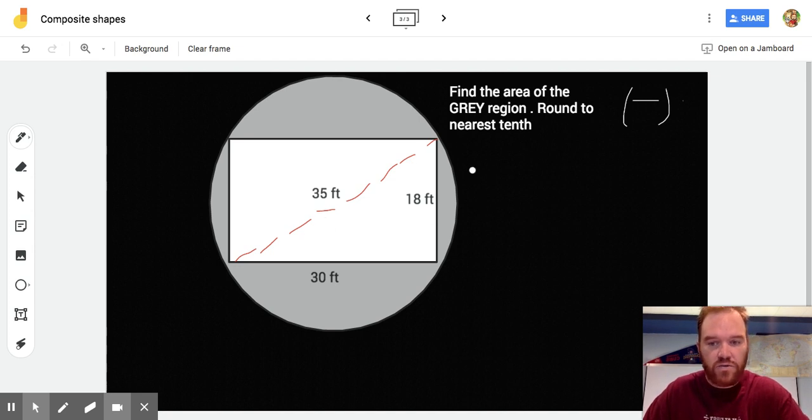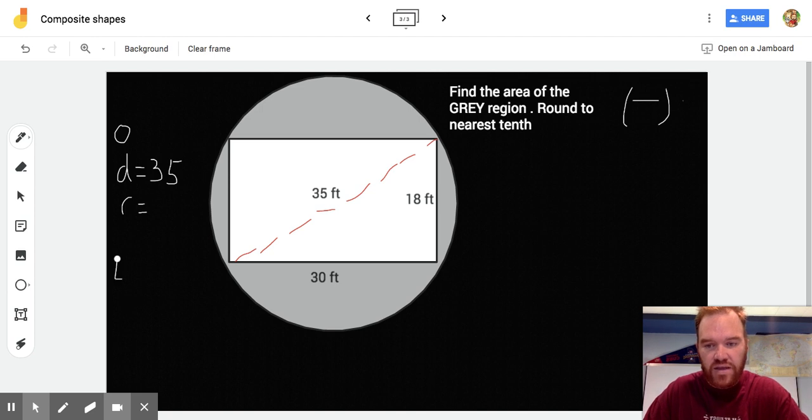So I know the diameter of my circle is 35. I also want to figure out my radius, but I don't have it identified yet, so we might have to figure out that radius.